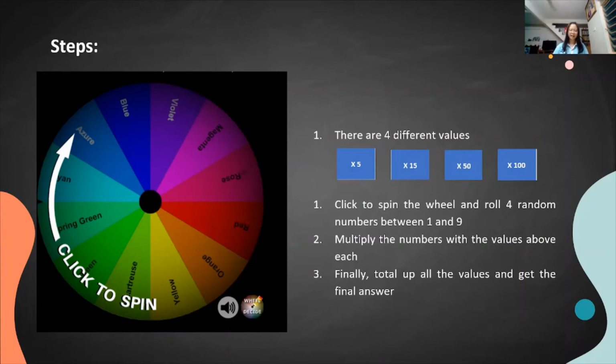Now I'm going to add all the numbers up here. So 10 plus 90 plus 200 plus another 400, so the answer will be 700. So that's the final answer here.